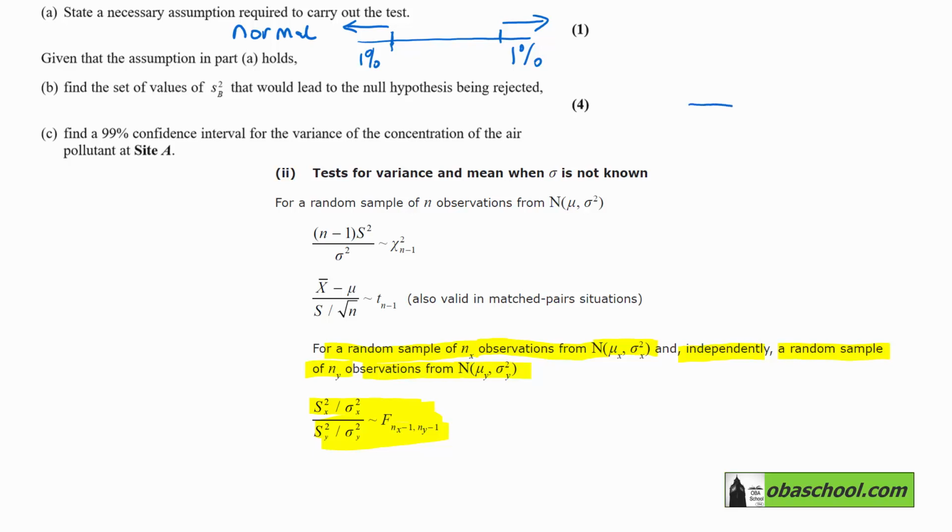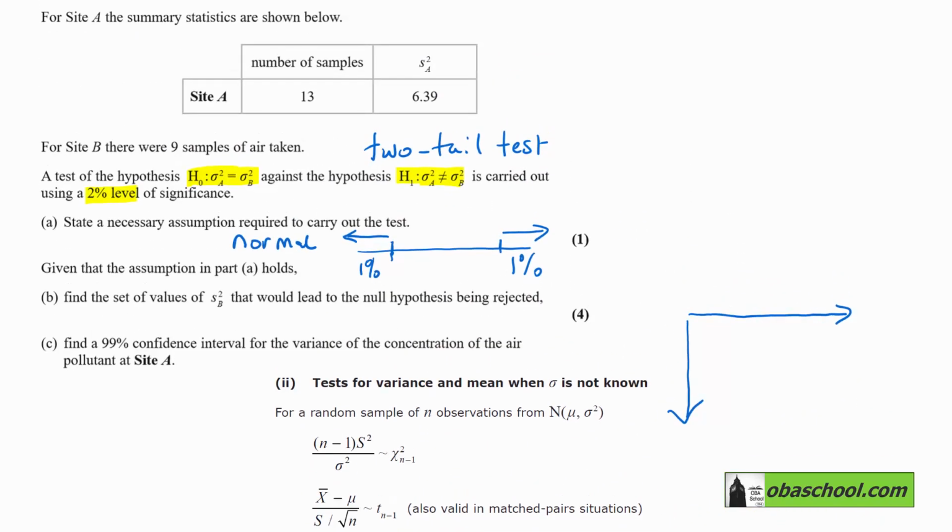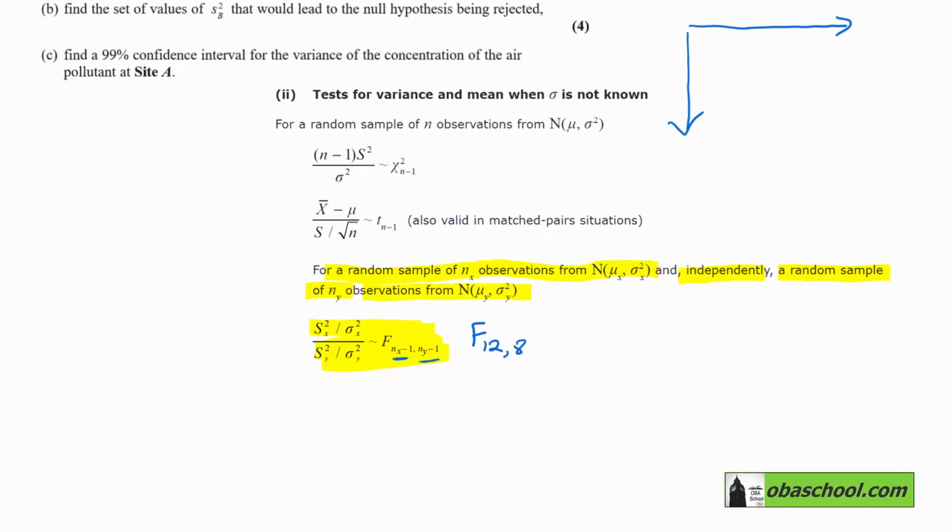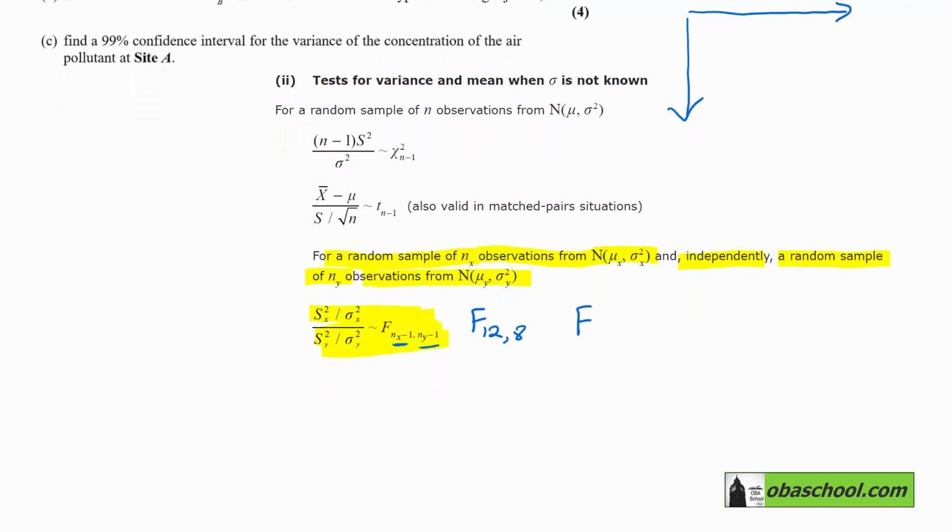But before we do that, we know that we're going to have values across the top and values down the side. Now, note that these are nx minus 1s and ny minus 1s. So we're going to be looking at F12, 8, because there were 13 observations for A and 9 observations for B. But alternatively, we could look at F8, 12. So we're going to need to find both of those values.